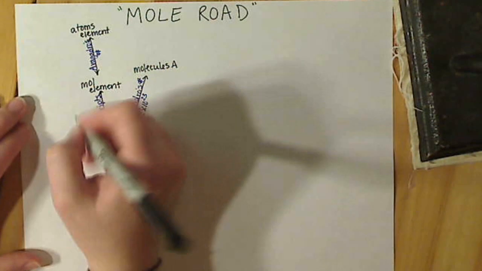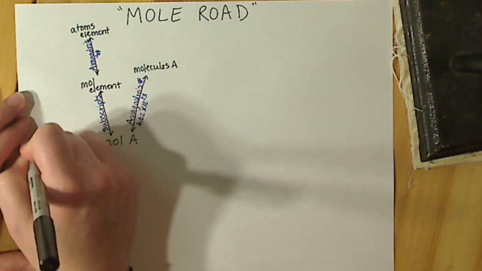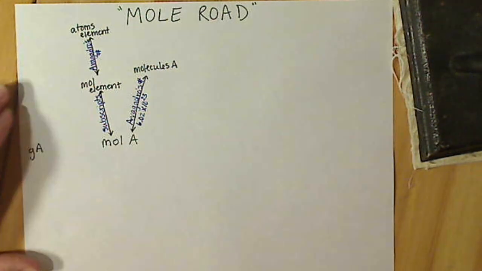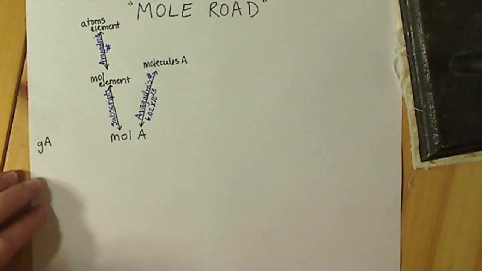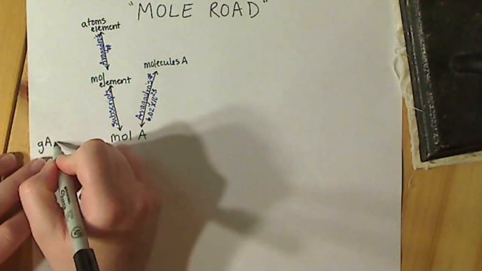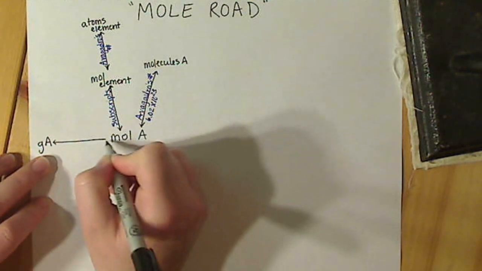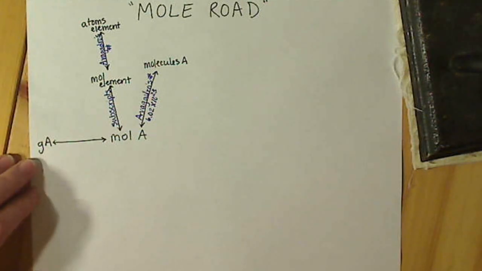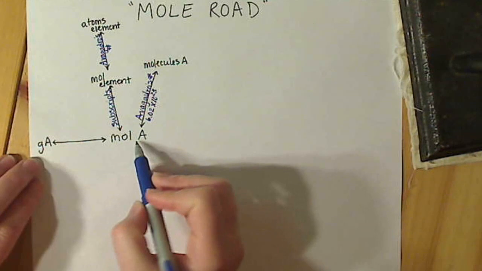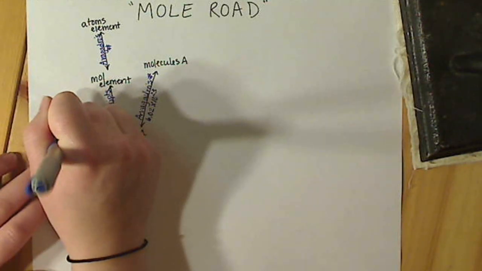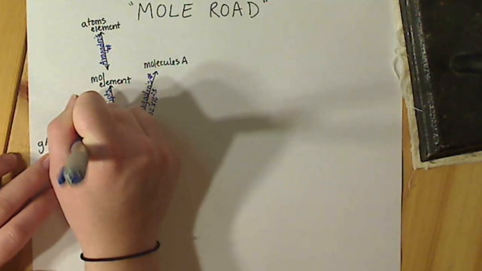What was much more practical for us was when we learned how to calculate from grams of a compound A to moles of A. And when we did this calculation, that was where we learned about our molar mass.